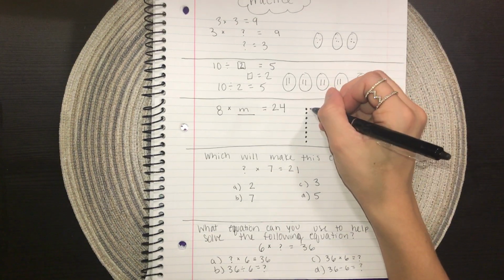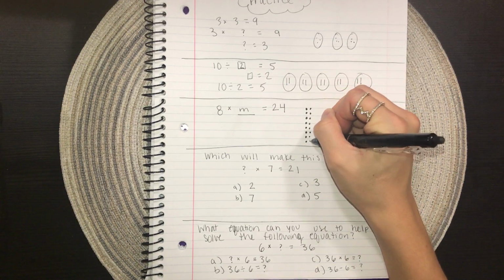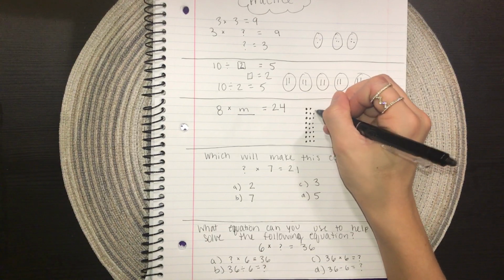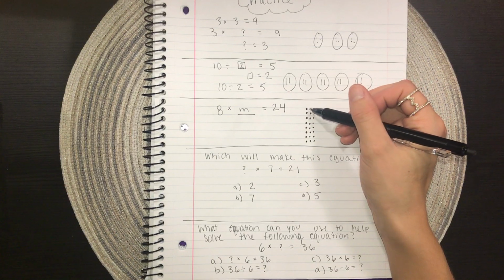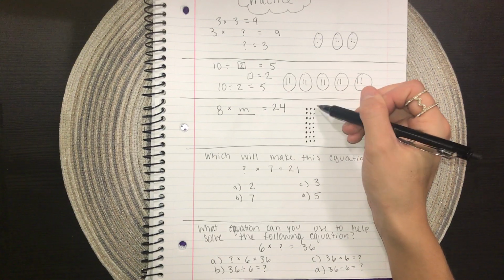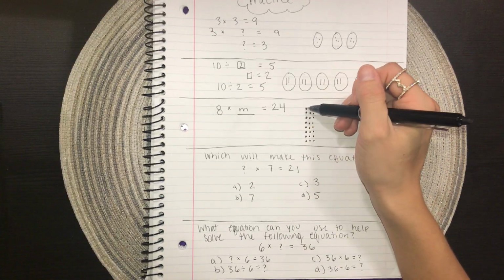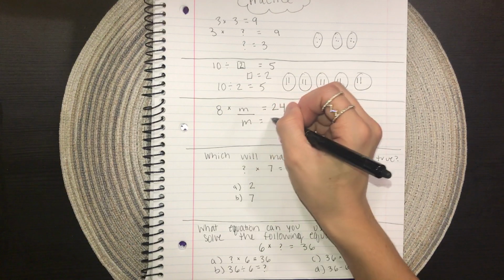So we have 8, 9, 10, 11, 12, 13, 14, 15, 16, 17, 18, 19, 20, 21, 22, 23, 24. And we stop because we've reached 24. So we have 8 plus 8 plus 8, which is 24. And there are 3 within each row. So m equals 3.